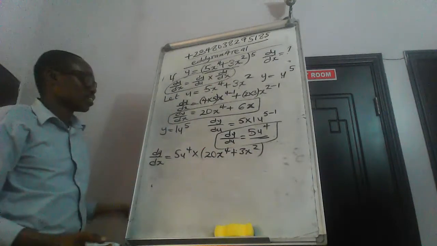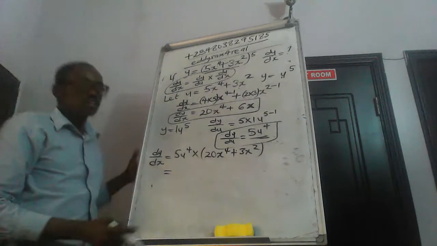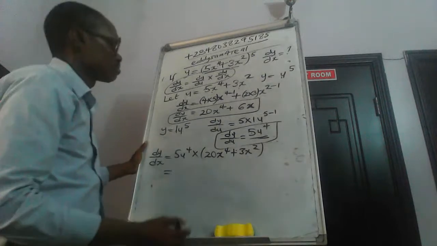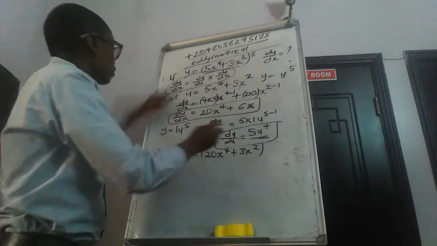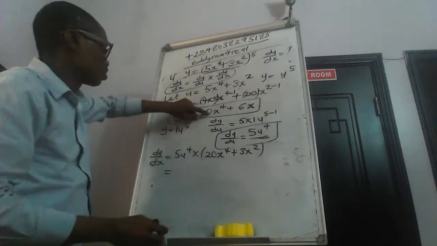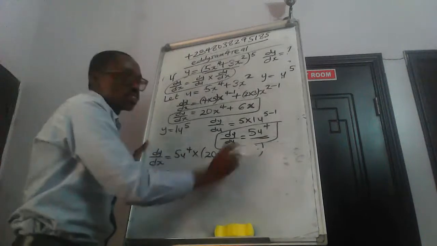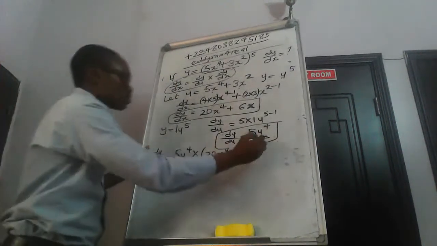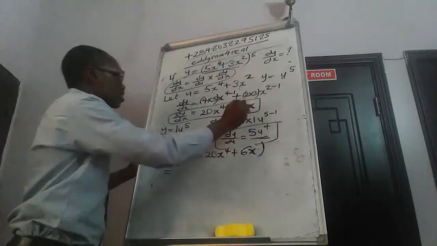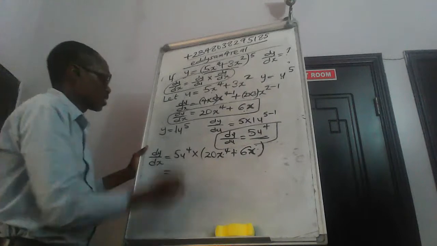So next, du/dx is 20x^4 plus 6x, sorry, plus 6x. This is our du/dx, 20x^4 plus 6x.